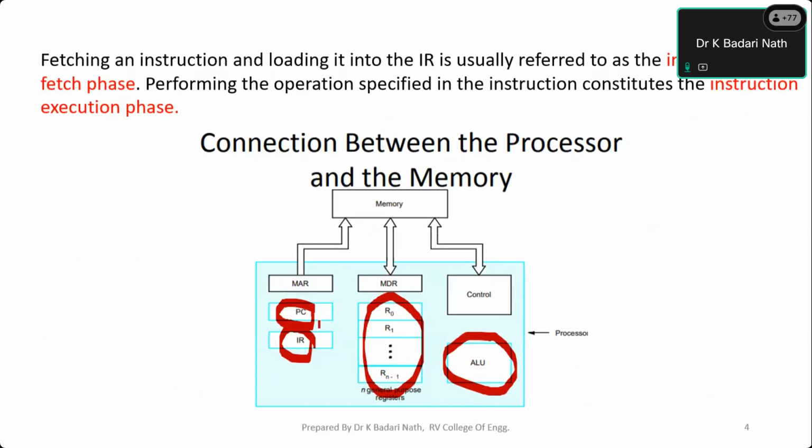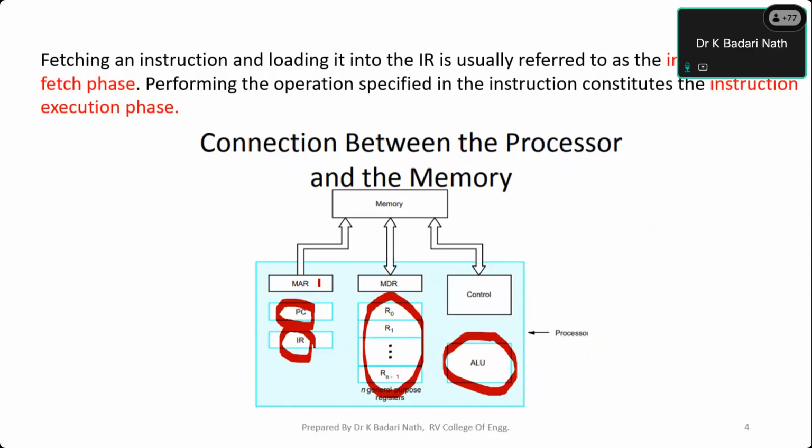That means many sources, like the program counter and registers, want to connect to the address bus, but there is only one address bus. To connect the one address bus outside the processor to the internal bus, which connects the different blocks, an interface called MAR is provided.